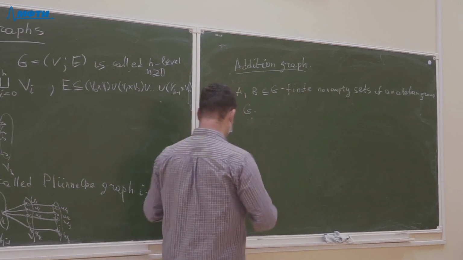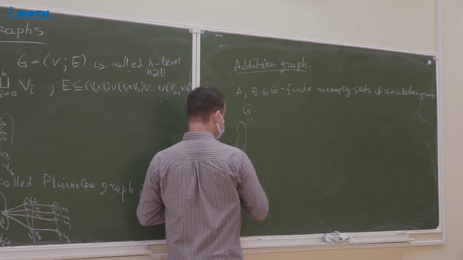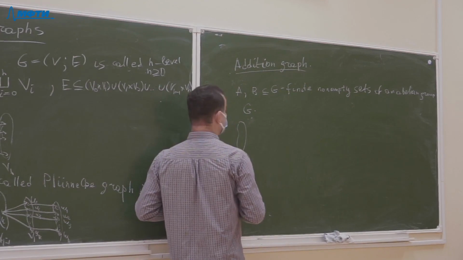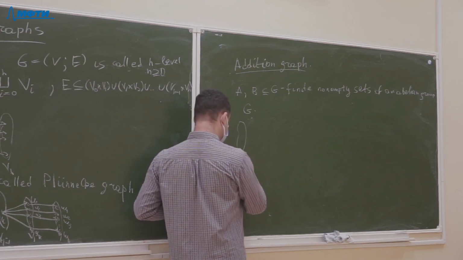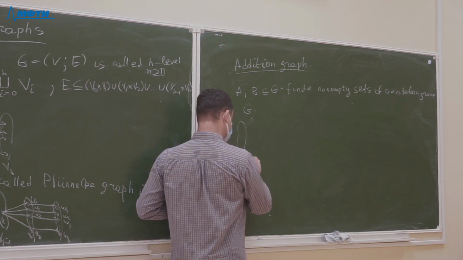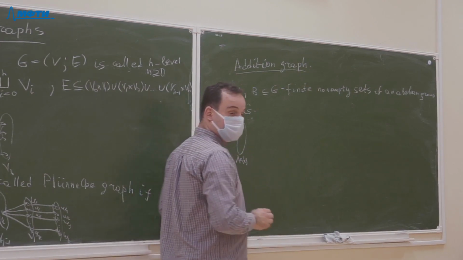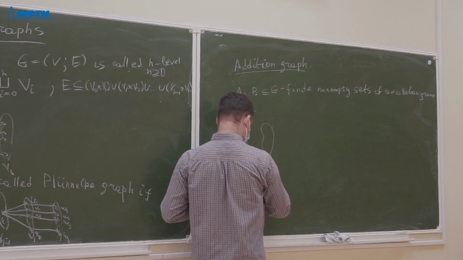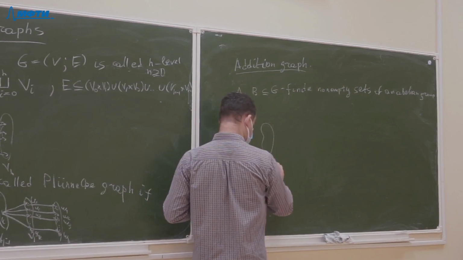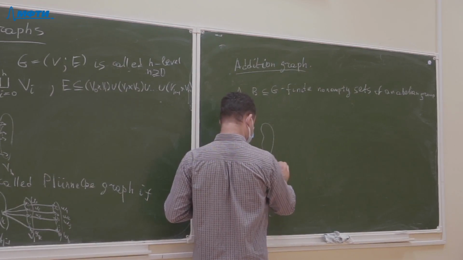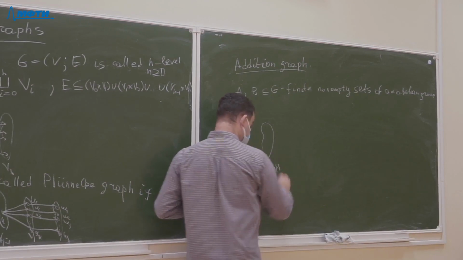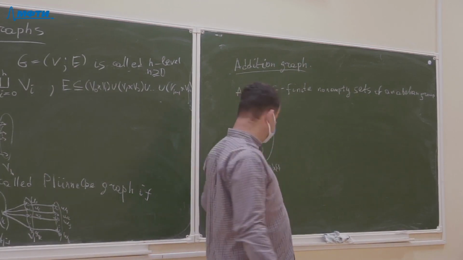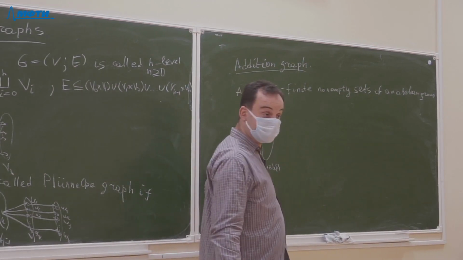Here, the zero level of this graph is A times 0. The first level of this graph is A plus B times 1. Why do we introduce a second component? In order to separate these two sets.